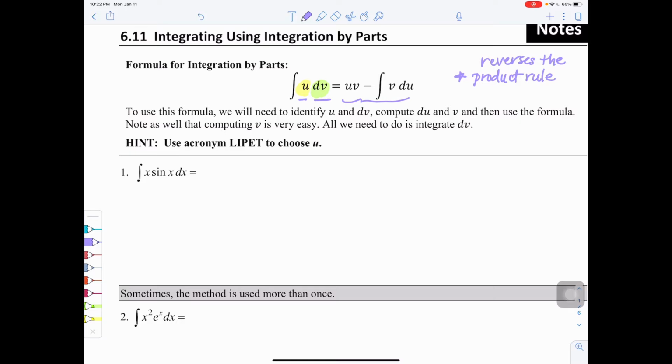Okay, let's begin. So we have this integral x sine of x dx.